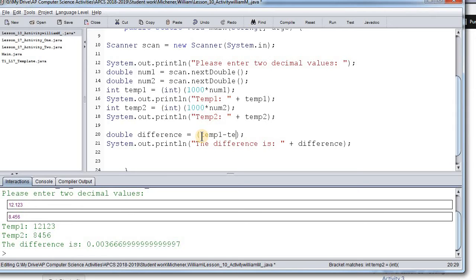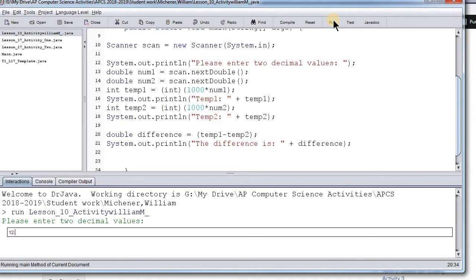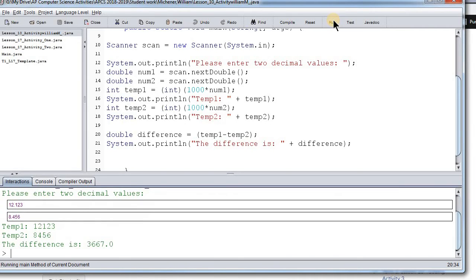Temp1 minus temp2, and I'm not sure if they wanted the absolute value of that or not, but you can tackle that part later. So then I run it, and if I put in 12.123 and 8.456, okay, now I get 3,667, which I'm going to assume is this number minus this number, and I probably haven't gotten any error. I'm going to just assume that that's correct.